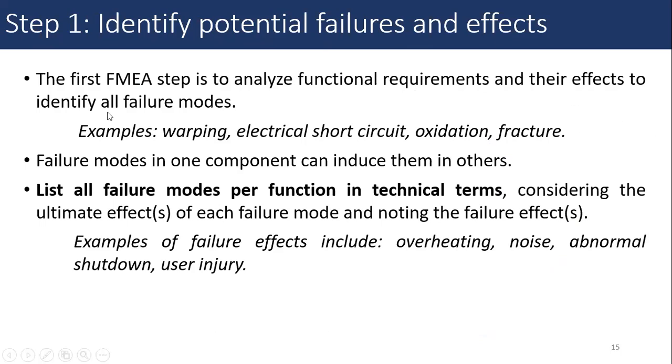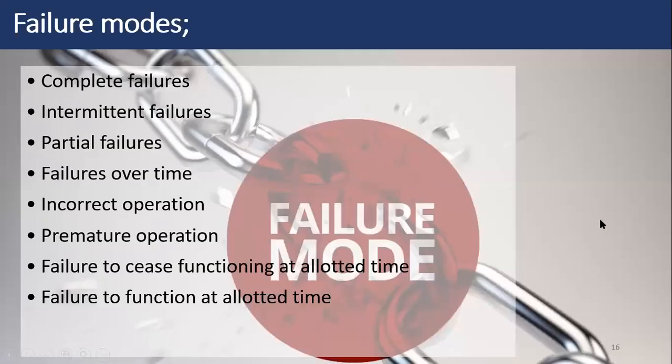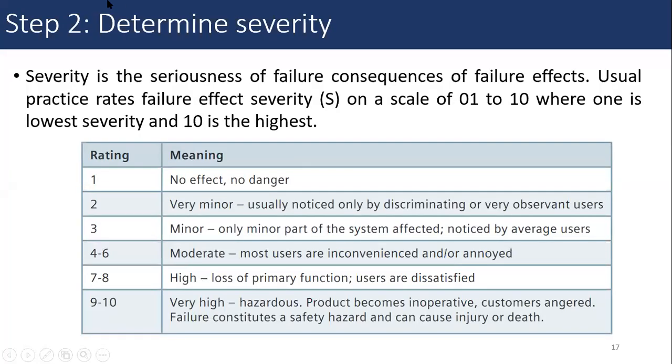We have to analyze them and list them out. Examples of failure effects include overheating, noise, abnormal shutdown, user injury, abnormal color, and some oxidation reactions. So likewise, identify the failure modes. There are some examples of failure modes that you can read.